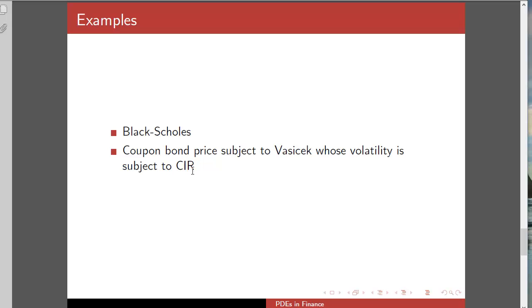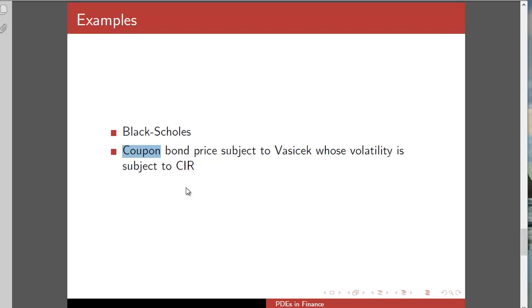Okay, so this is a more complicated problem, because you now have two random processes involved, not only one, and you are about to find the PDE for the coupon bond. And we have some extra feature here. We don't only have the zero bond, but we have a coupon bond.